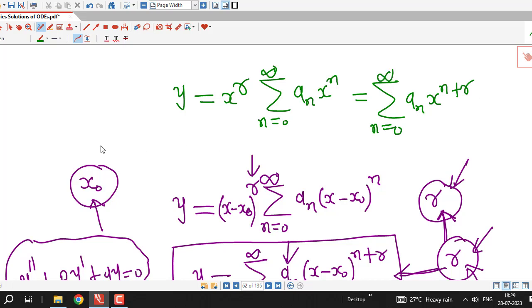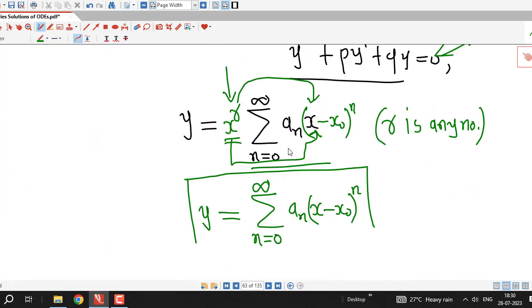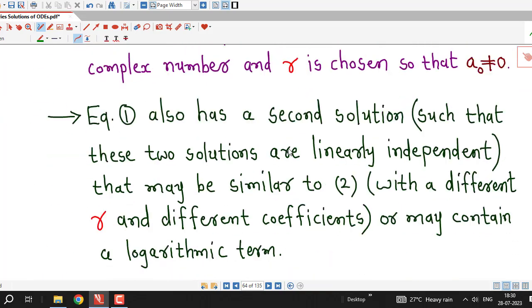Generally they ask for the ordinary or regular singular point for x0 equal to 0. So we will be using this form of solution if we have x equal to 0 as a regular singular point, and we have to decide this value of r and these coefficients. So with this in mind, we try to solve one problem related to this Frobenius method.